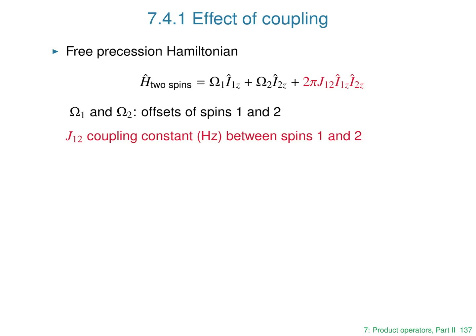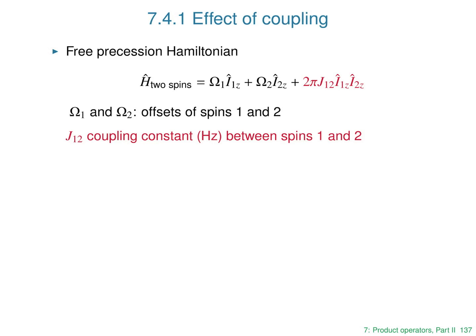You have three terms in the Hamiltonian. You have the first term, omega 1 I1z. That represents the offset of spin 1 in exactly the same way that we had before when we had a single spin. And we have another term, omega 2 I2z, and that represents the offset of spin 2.